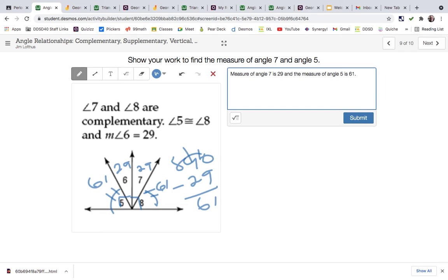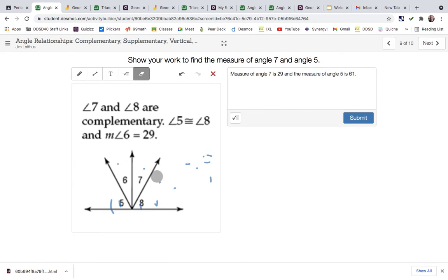Okay, I'm going to do that one more time, a little bit more clear. And I'm going to do it this way. I'm going to say that angles 7 and 8 are complementary. So that means these two add up to 90. That's a 90-degree angle. This is a straight angle. That means this is a straight angle.